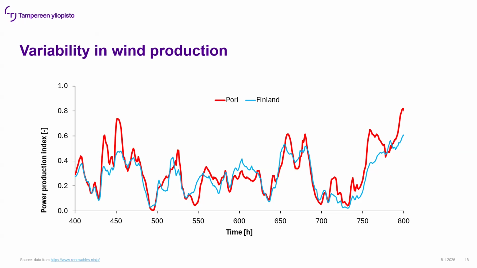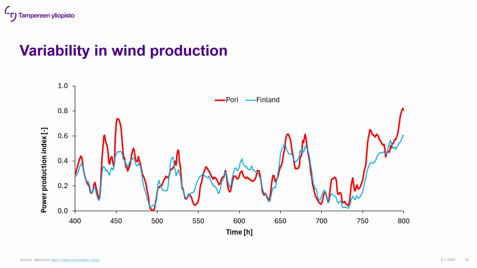If you're talking about the overall production in Finland, it has still a lot of variability that goes hand in hand with Pori's production, but maybe there are a bit less steep changes. Actually, a lot of our production is in the western coastline, so that's why these go really well hand in hand. But that's something you have to take into account.